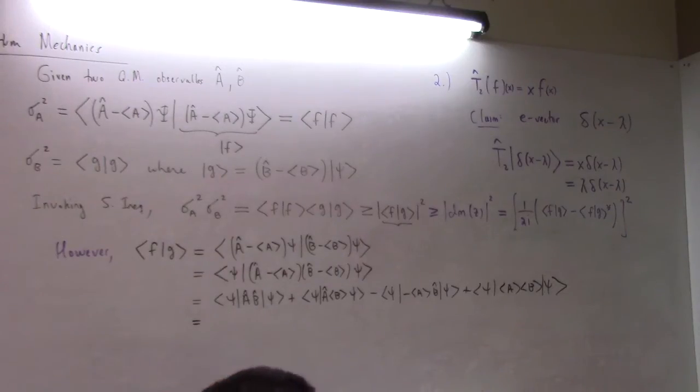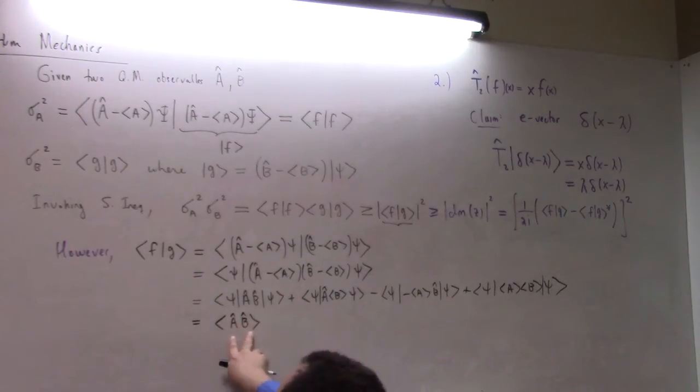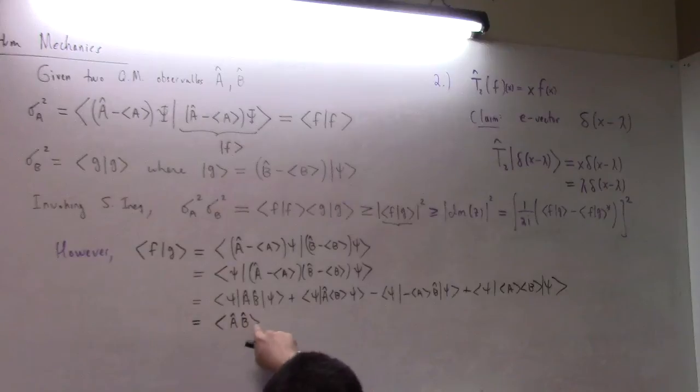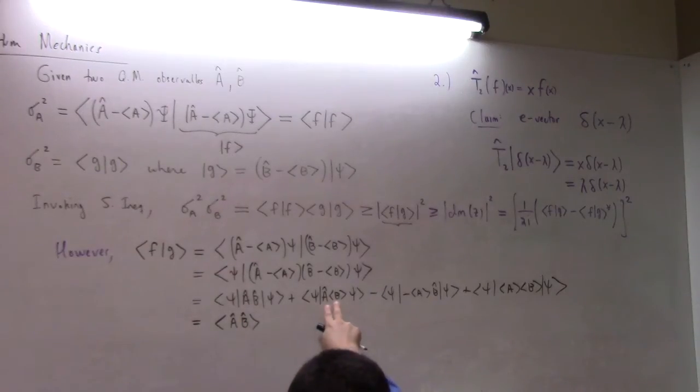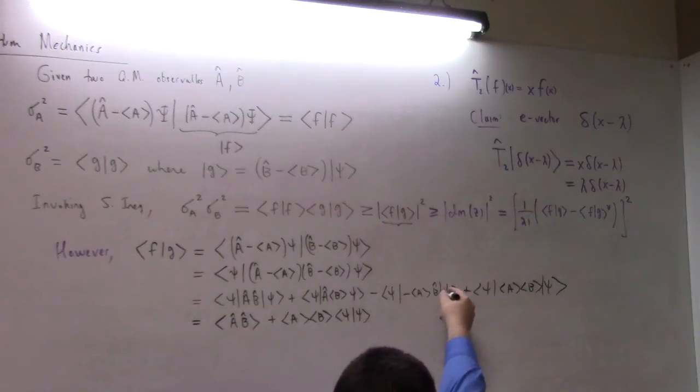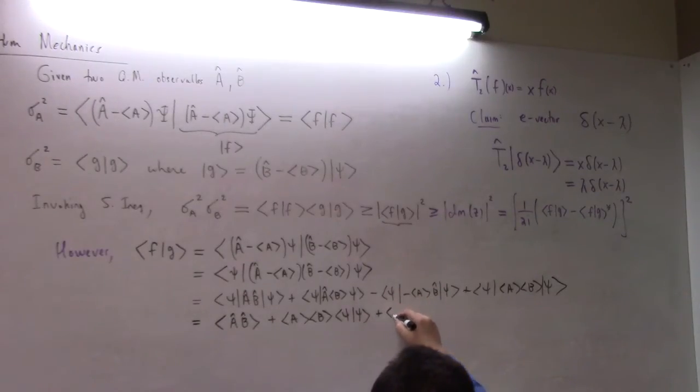Okay, so this is straight up A hat, B hat by definition. You take this operator and you squish it by the wave function, and that gives you the expectation value of the product operator AB. This is just going to give me expectation value A, expectation value B, psi with psi, and this is going to give me plus expectation value A, expectation value B, psi. I believe I have made a sign error here. You guys find it for me.